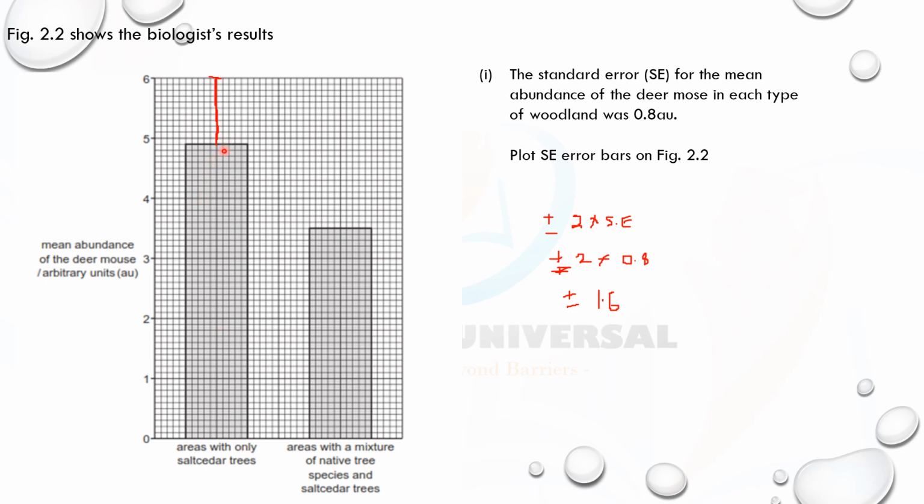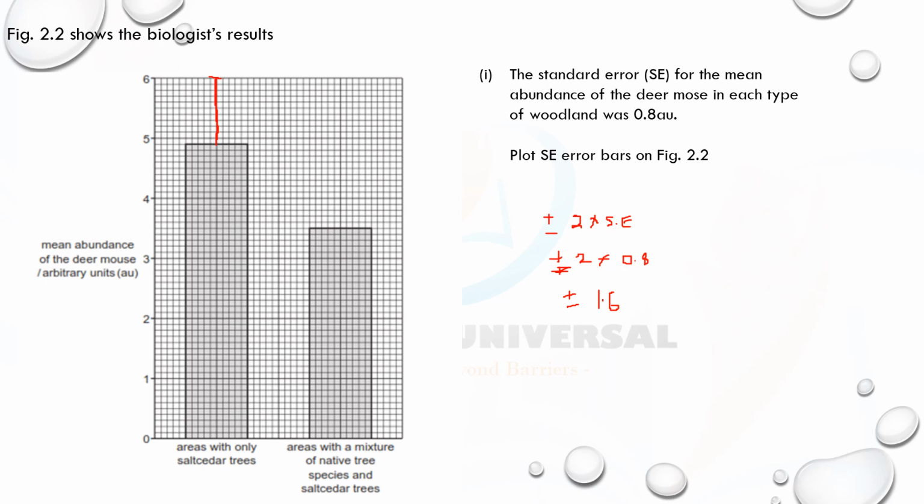Okay, let's check it. You know that from here to here is 1. So here is going to be 1.